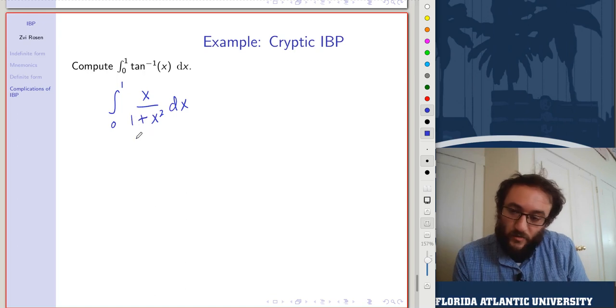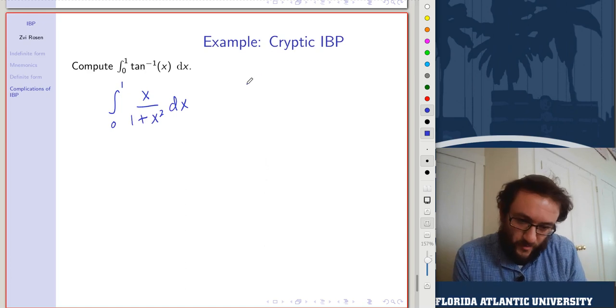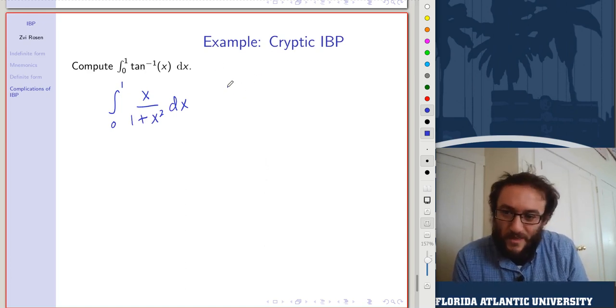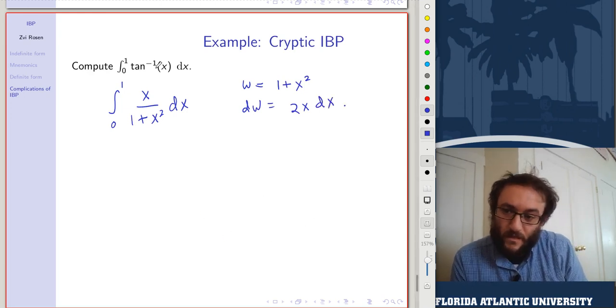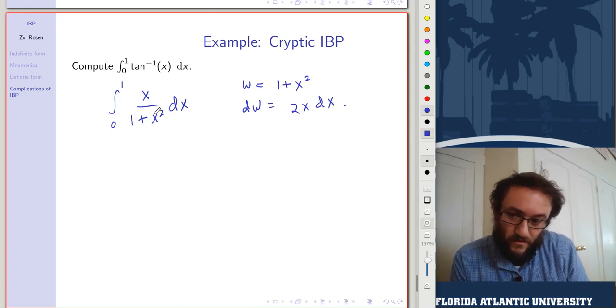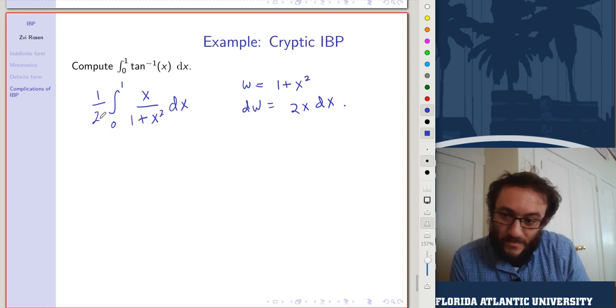Okay, and what you might notice here is that there's a really nice u substitution you can do. We're going to call it w because we already have a u involved in this problem. So let's let w equal 1 plus x squared, and dw is equal to 2x dx, just by taking derivatives. So we have x dx here, which means that I can multiply by 1/2 on the outside and 2 on the inside.